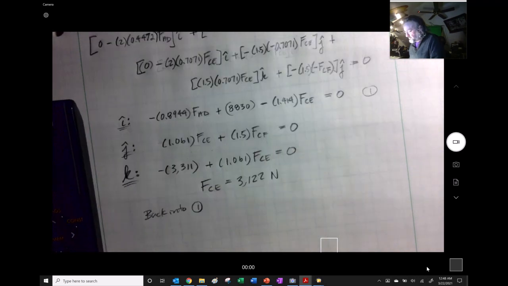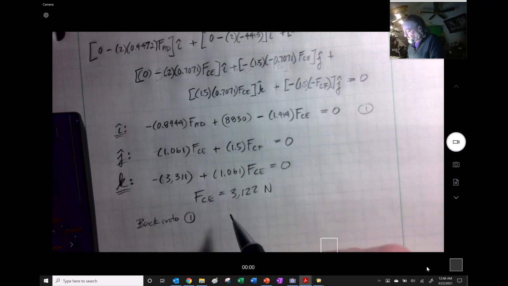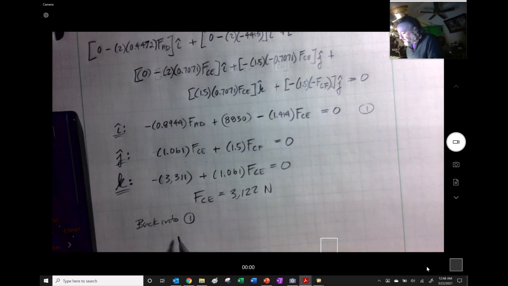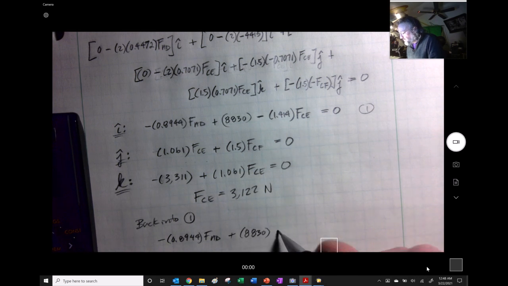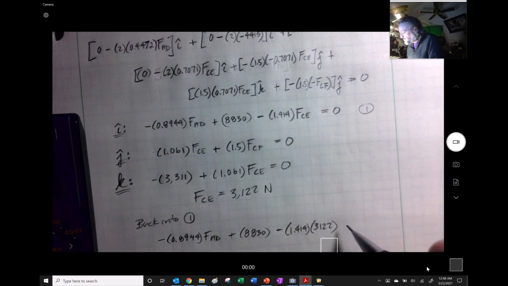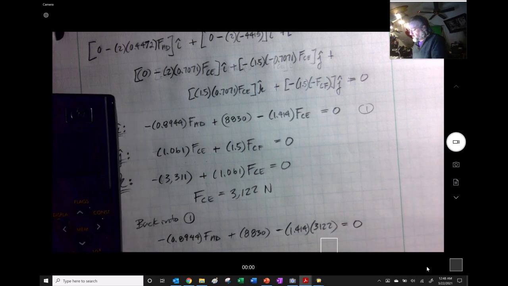Therefore, we can go back up to the top, back into 1 up above. For FAD plus 8,830 minus 1.414 times 3,122 equals 0.